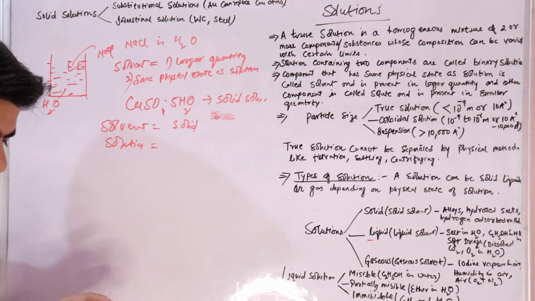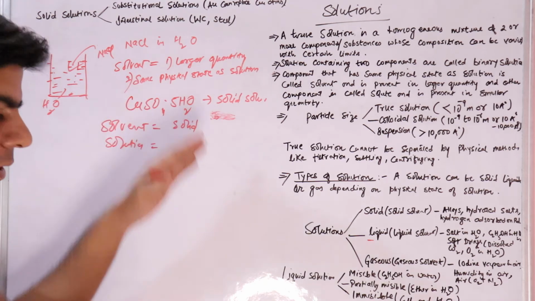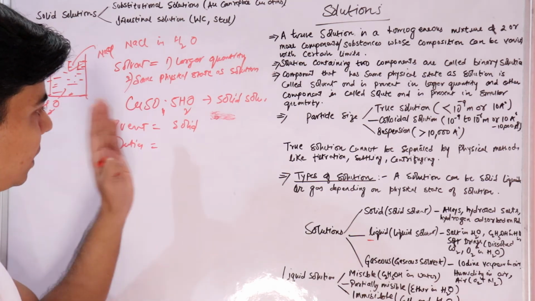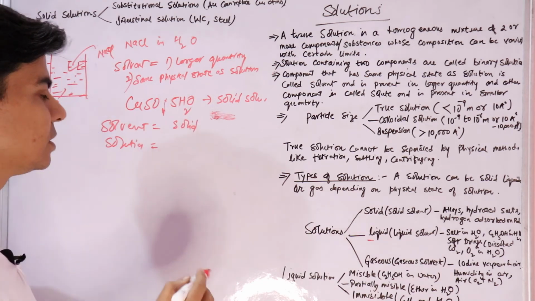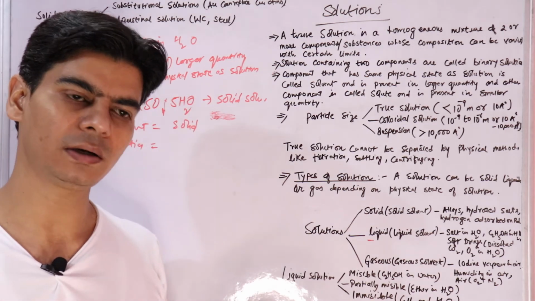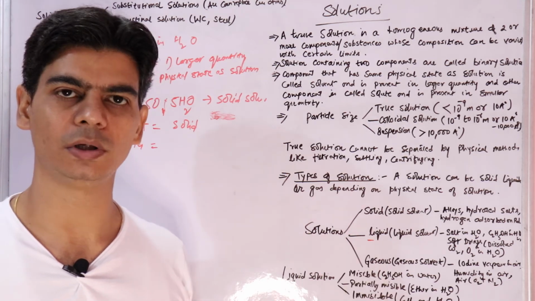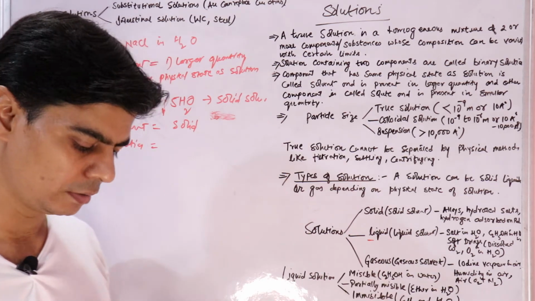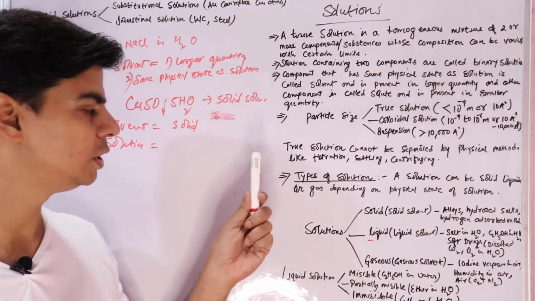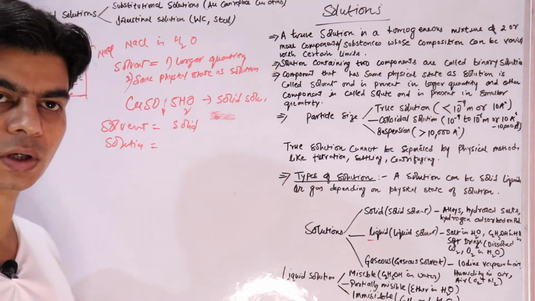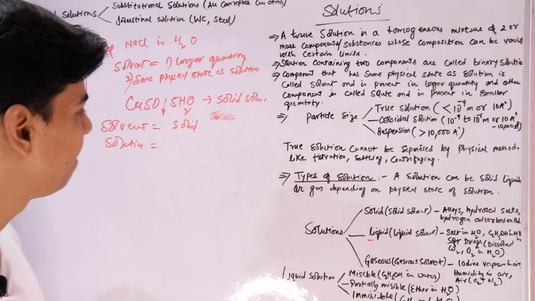This is a hydrated salt, copper sulfate pentahydrate. Hydrous salts are those that contain water molecules in their crystal lattice, right? And we know that the water molecules associated with this salt are called water of crystallization.